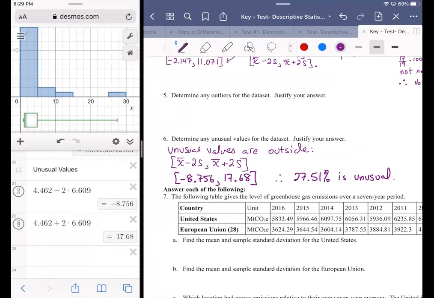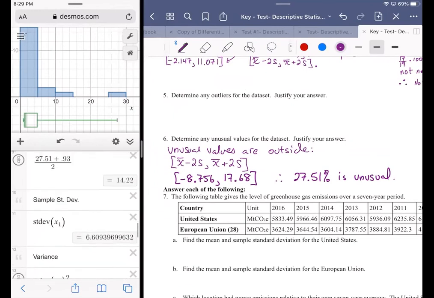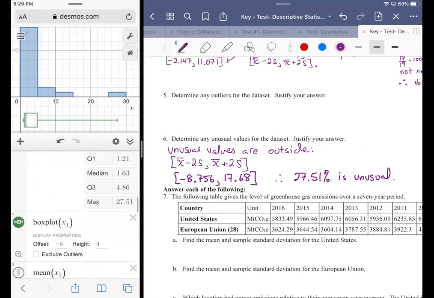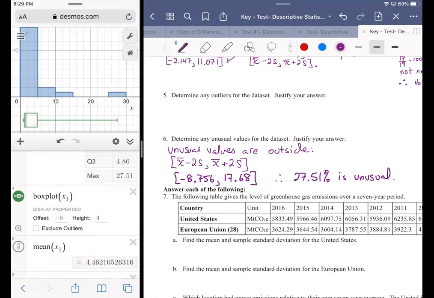We also have to determine outliers. Now, outliers is a tricky thing because Desmos will do it for you, but then you run the risk of reporting the incorrect box plot when you submit your Desmos work. Remember all the way back when we had the box plot, it said exclude outliers.